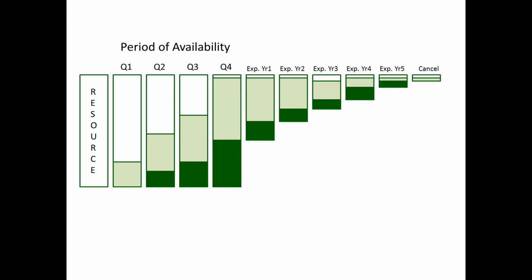When we reach the end of the fourth quarter, our period of availability for obligation ends, and the funds expire or lapse. This is the budget execution event we call expiration. After expiration, the funds remain available for 5 additional years in an expired status in order to pay off the obligations and make any necessary adjustments to them.